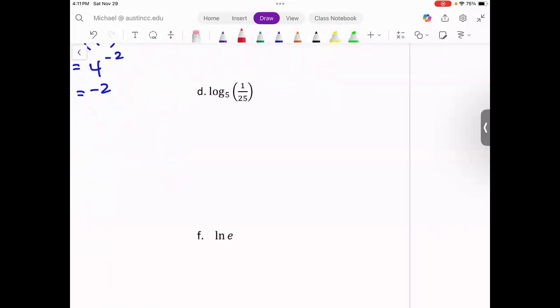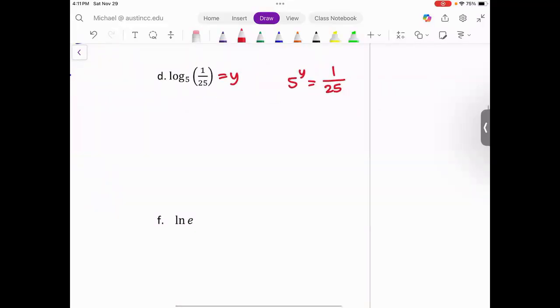Log base 5 of 1 over 25. Set it equal to y and convert to exponential. So that means 5 to the y equals 1 over 25. And we'll do similar to what we did in that first problem. Use that trick to get that 25 up into the numerator. And we need to get that same base.